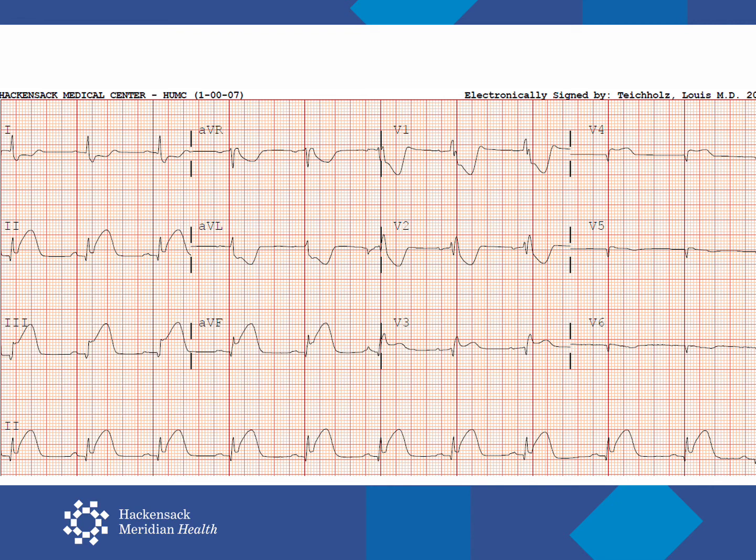Imagine, if you would, that you could flip those tracings over, then you would see ST segment elevation in V1 and V2. ST depression like this in V1 and V2 is diagnostic of a posterior MI. It can also often be found with an inferior MI. This then shows an inferior posterior MI.